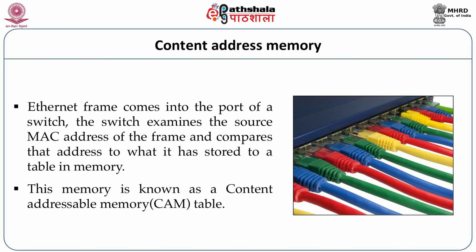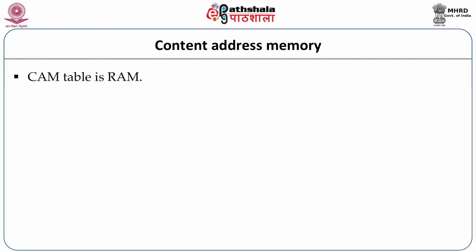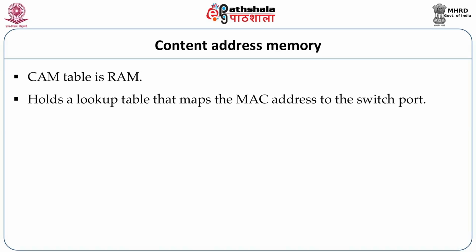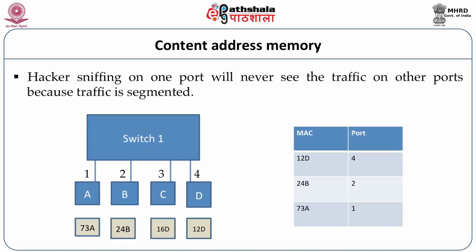This memory is known as content addressable memory, usually the CAM table. CAM table is RAM. It holds a lookup table that maps the MAC address to the switch port. I have shown how the switch is connected to the memory segment.